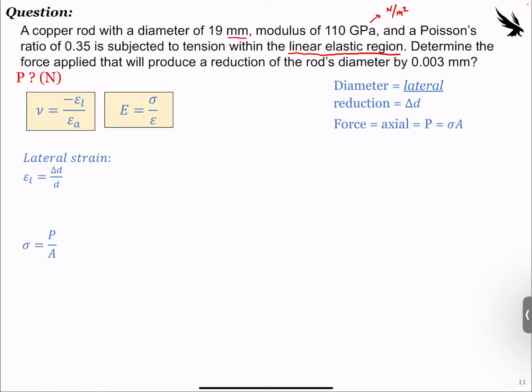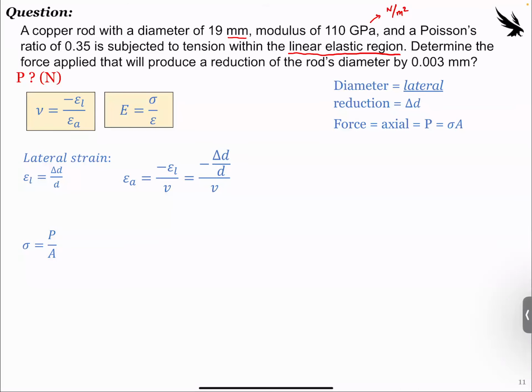So our lateral strain, exactly from before, is the change in diameter divided by the original diameter. Our axial stress, sigma, will be the load P that we're trying to find divided by the cross-sectional area. For our axial strain, given our Poisson's ratio, we just rearrange and solve for the axial strain.